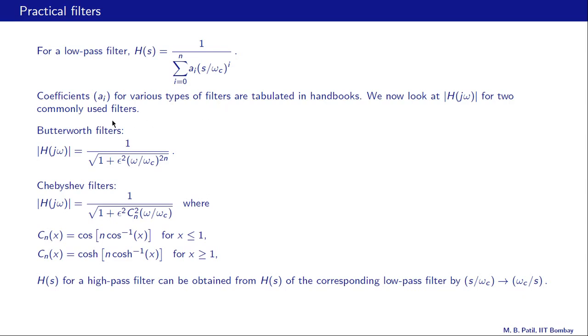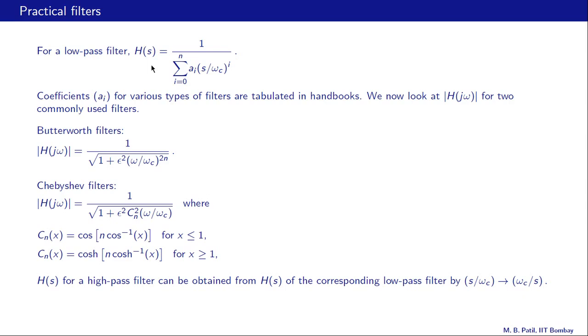Let us now look at mod of H for two commonly used filters, namely Butterworth filters and Chebyshev filters. For Butterworth filter of order n, this is mod of H as a function of omega, and for Chebyshev filter of order n, this is mod of H as a function of omega. Here this C_n is actually a function given here. Now this is the low pass filter.